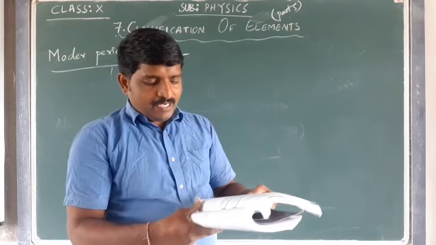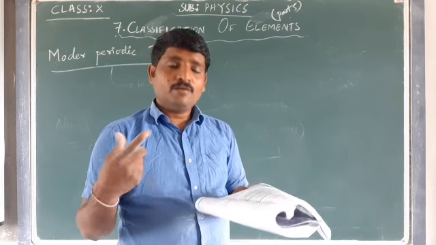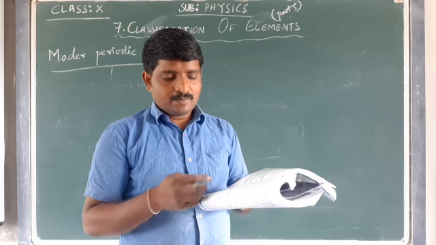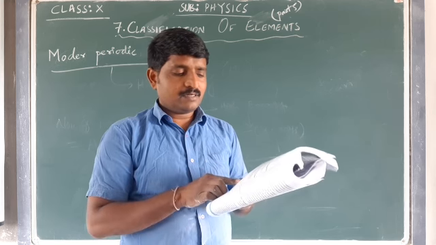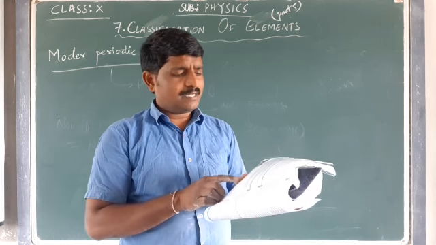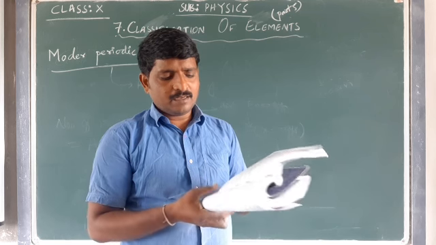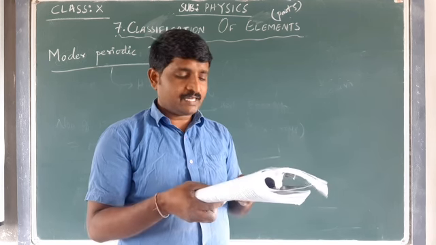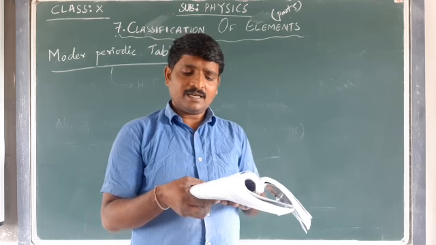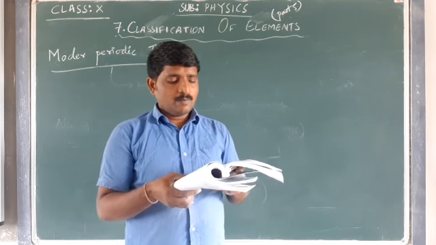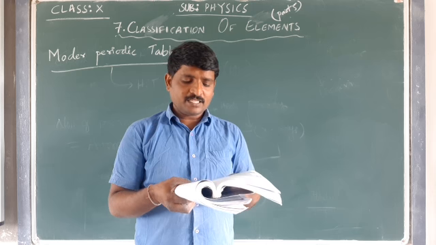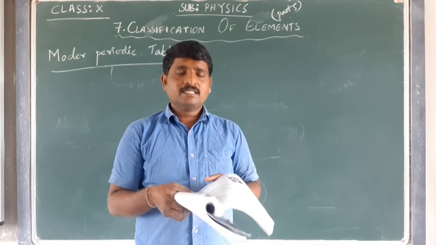After knowing the atomic numbers, the number of positive charges, the protons, in an atom of an element is called the atomic number of that element. That's what we have discussed. With this analysis, Moseley realized that the atomic number Z is a more fundamental characteristic of an element than its atomic weight.